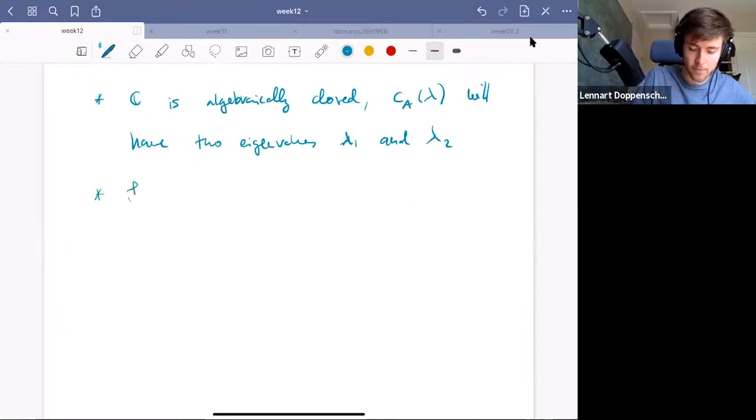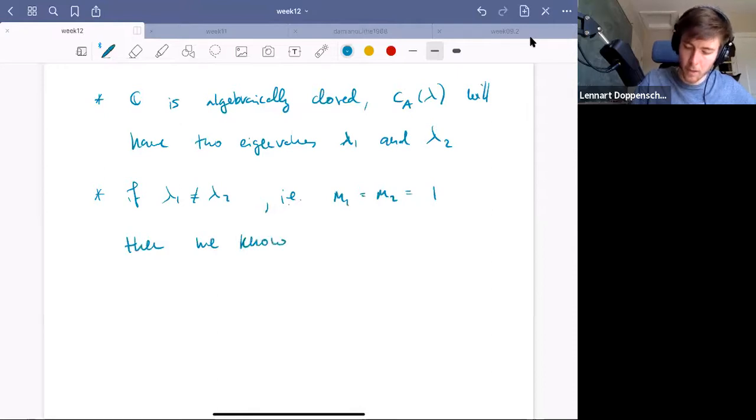If lambda 1 is not equal to lambda 2, i.e. the multiplicities of lambda 1 and of lambda 2 are both 1, then we know that A is diagonalizable.